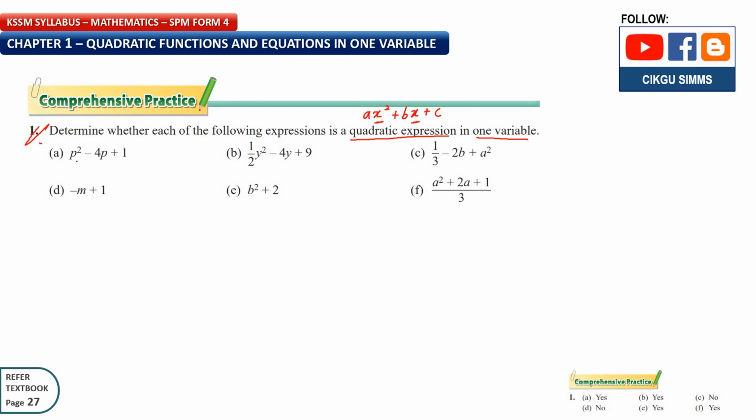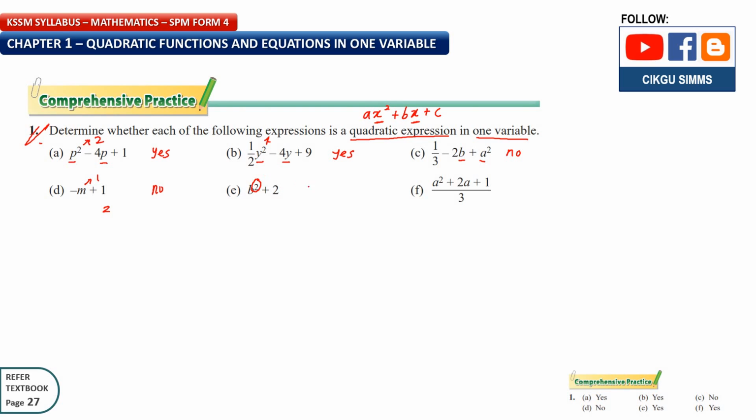Okay, so let's see question A. You have only one variable and the highest power is 2. So this one, yes, it is a quadratic expression in one variable. And this one, highest is 2 and one variable, so yes. And this one, no, because you have two variables. And this one, the highest power is 1, so no. You need the highest power to be 2 to make it a quadratic.